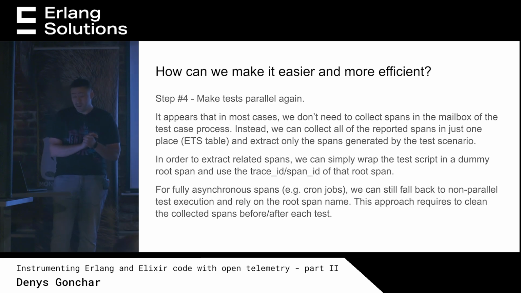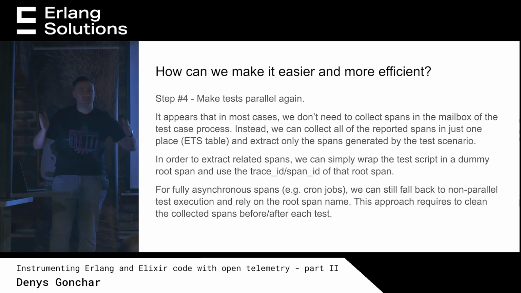But in most cases, if you just wrap your scenario in some dummy root span, you can collect all the spans somewhere globally, and then extract all the nested spans using trace and span ID and build up the tree. So you can just run things in parallel.